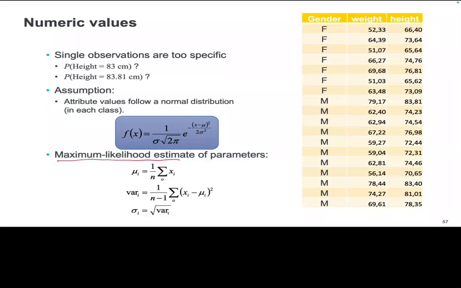But when we have a certain set of observations as we have here, we can estimate the parameters. That means our means and our standard deviations, or the covariance matrix, by the following simple computations. Namely, for a given set of observations, the mean value is simply the sum of all these observations divided by the number of observations.